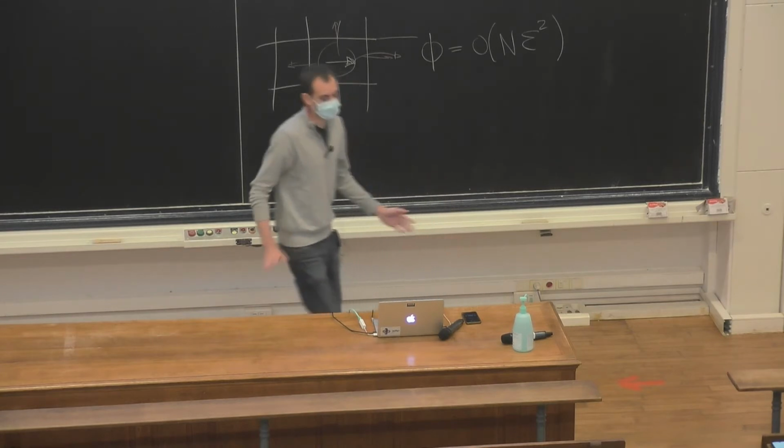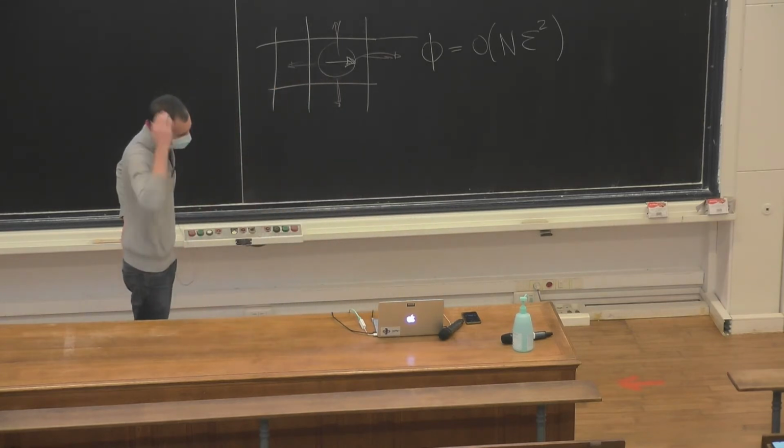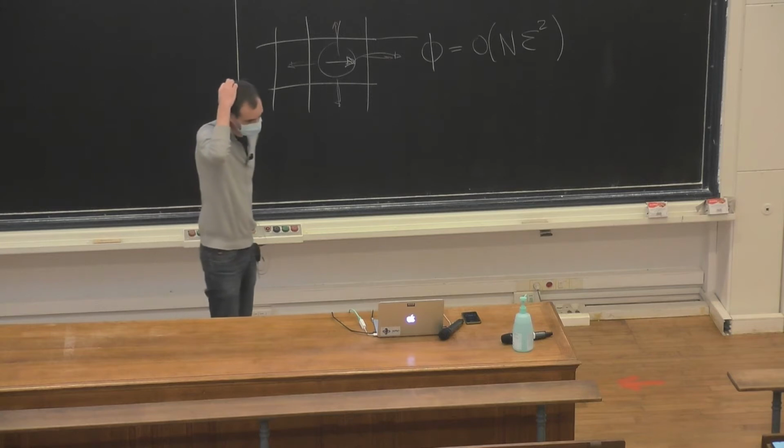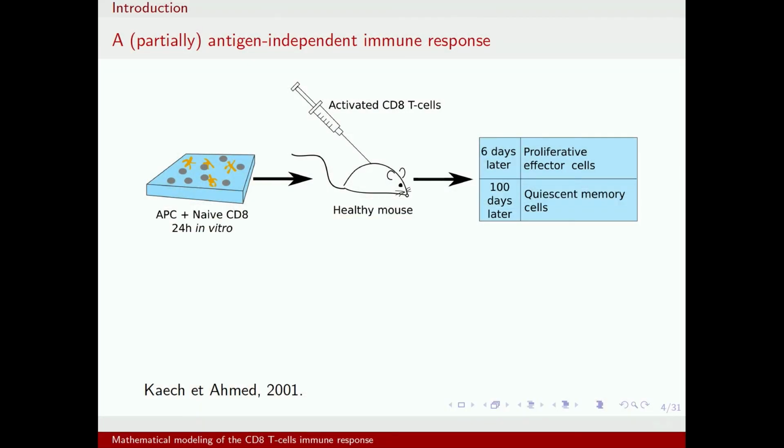Okay, there is this interesting phenomenon called antigen-independent immune response, or autopilot immune response, that I will present through this experiment from Kaesh and Ahmed. They cultured in vitro naive CD8 T cells with antigen-presenting cells during a day. So the antigen-presenting cells actually activated the naive cells by presenting them the antigen.